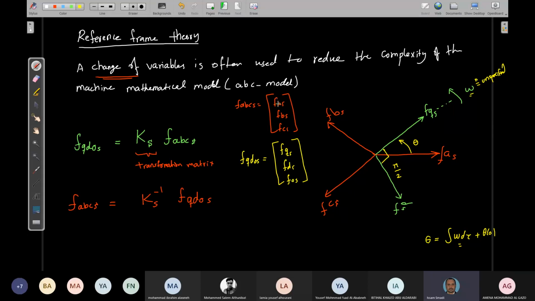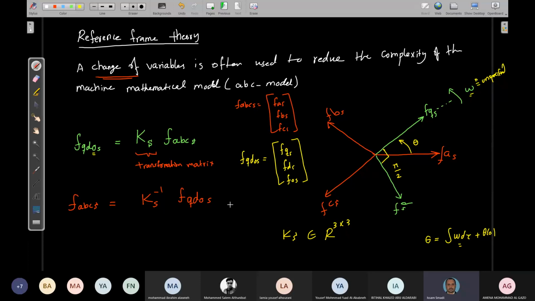So simply here I'm having what? The component in the direction of the AS, the component in the direction of the BS, the component in the direction of CS, and I need to project it in the direction of FQS and FDS, and I need to complete the matrix to be 3 by 3, because KS here, according to my definition, is an element of 3 by 3. So in order to do so, I use the 0 sequence.